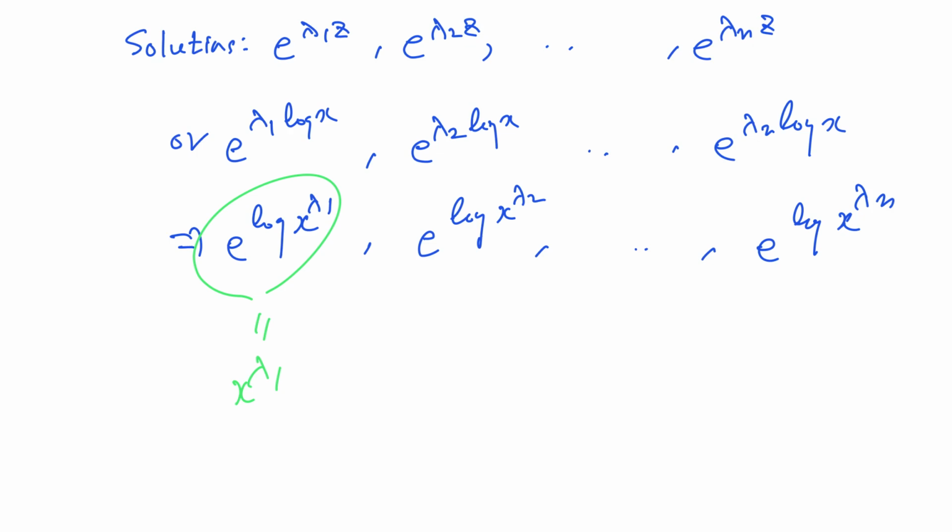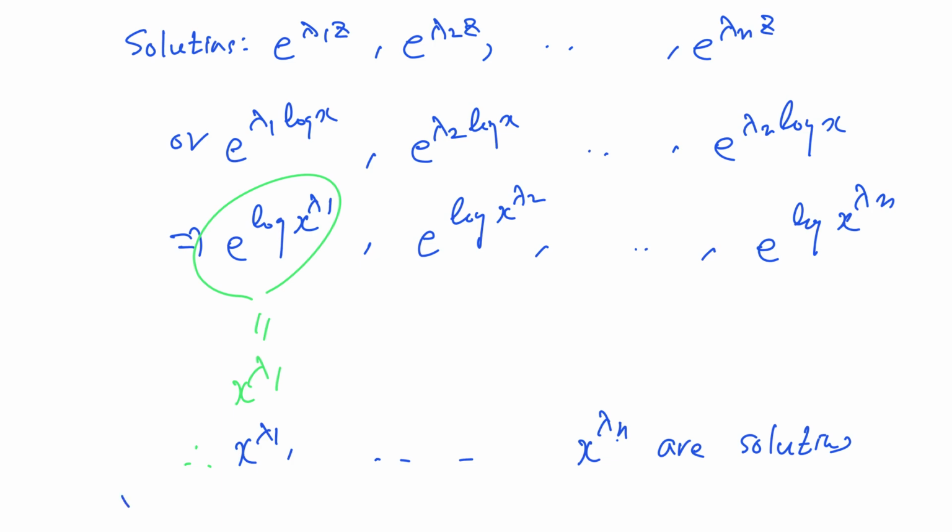So that means x to the lambda 1, ..., x to the lambda n are solutions. If we have a double root, what happens? Instead of x, we just multiply by z, which is log x.